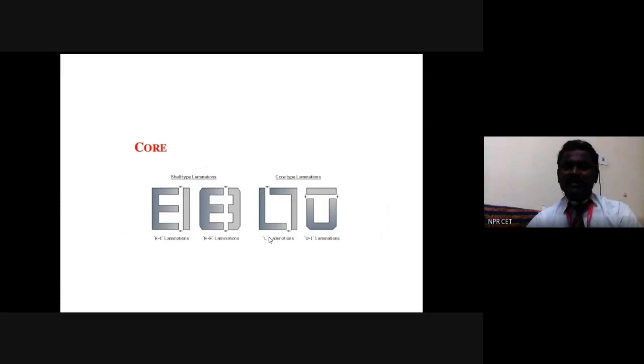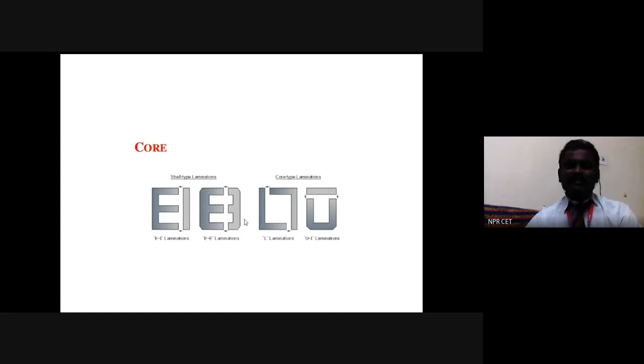This bunch of laminations makes an iron core. This is the core arrangement. The core is made up of silicon steel, especially laminated silicon steel, and the sheets are made of CRGO, cold rolled grain oriented silicon steel. To reduce the eddy current loss, the cores are laminated, right?